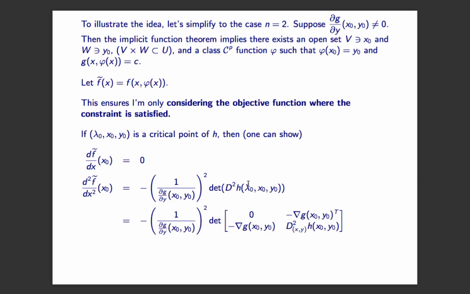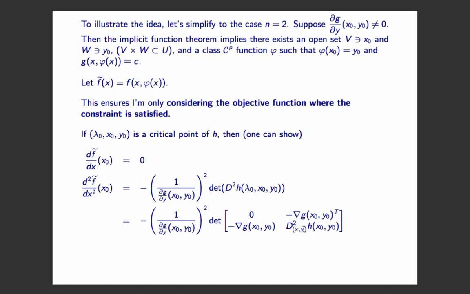Now, of course, if I take two derivatives of h with respect to lambda, I'll get 0. So that's why the 1, 1 entry of this second derivative is 0. If I take a derivative with respect to lambda and then with respect to the rest of x, I'll get the negative gradient of g. And then, of course, aside from this top and left border, I'll just get the Hessian of h for the variables x and y.